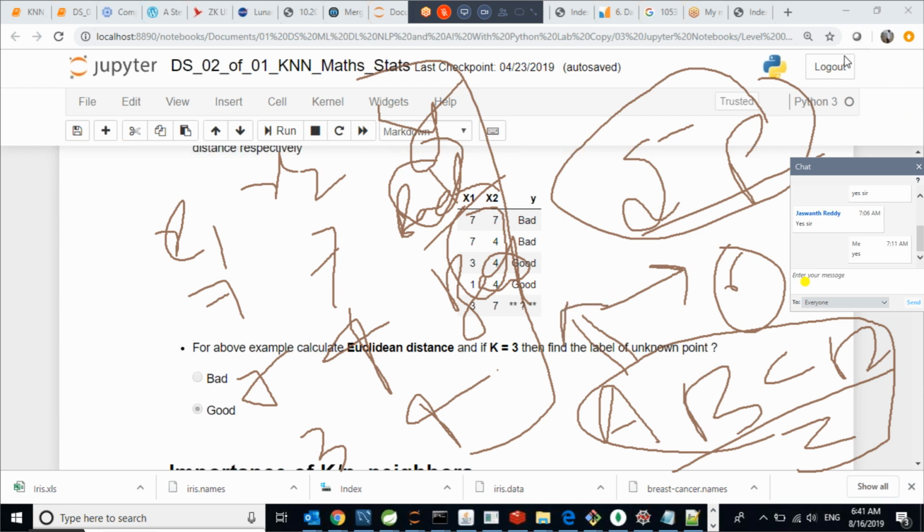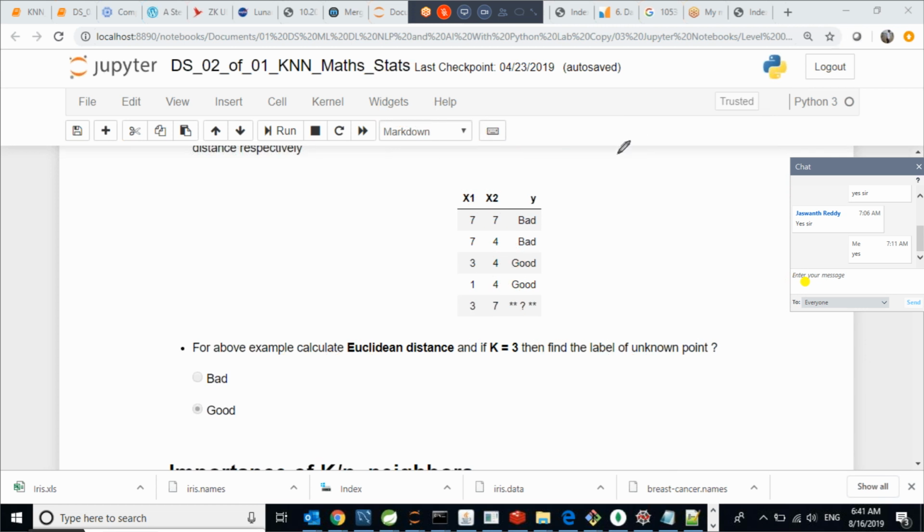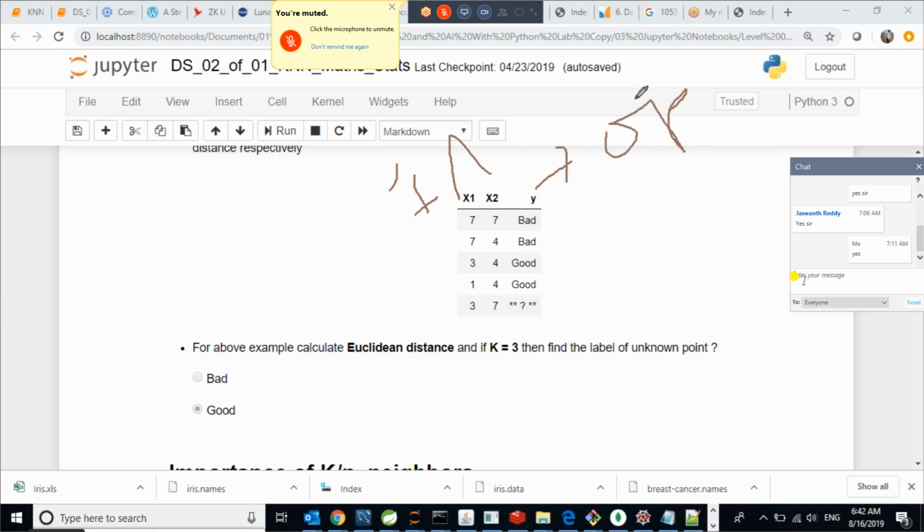Same activity we can see here. Let's suppose x1 and x2 are input data, and y is output data. That means this is our data and this is our target.